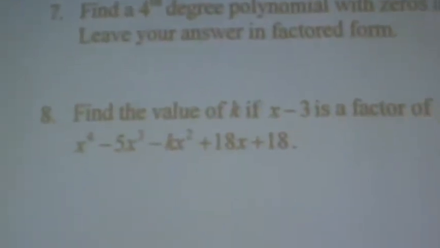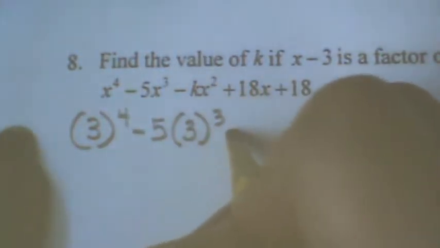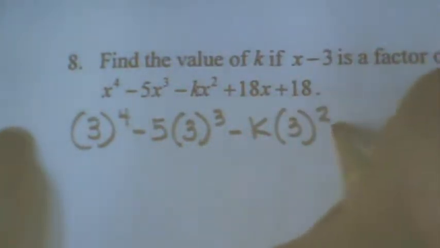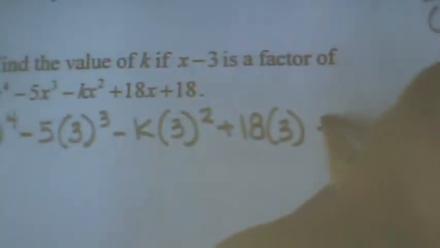Okay, next one. A lot of you guys got this wrong. What would k be? There's 2 ways you could have done this. You could have evaluated this for f of x when x is 3. So 3 to the 4th power minus 5 times 3 cubed minus k times 3 squared plus 18 times 3 and then plus 18.